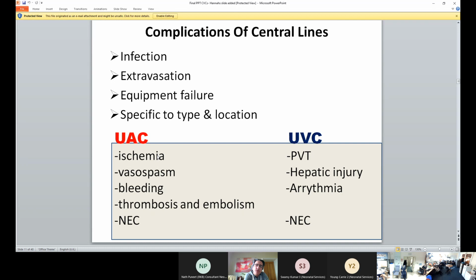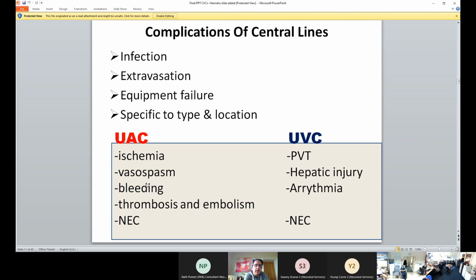So if it goes in the wrong direction, the gluteal artery, for example, it can cause ischemia of the lower limb or the gluteal region, and in the severest form, it might lead to losing a limb, a complete limb. So that's a very important complication.